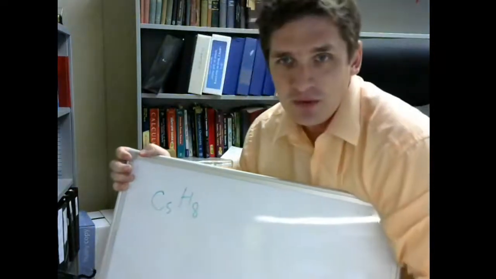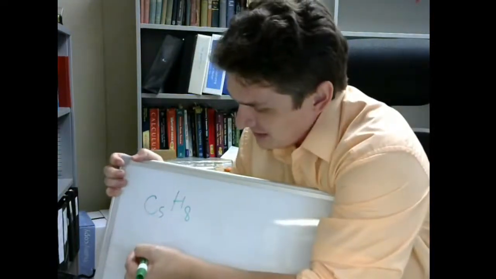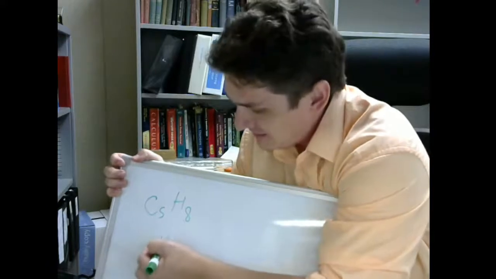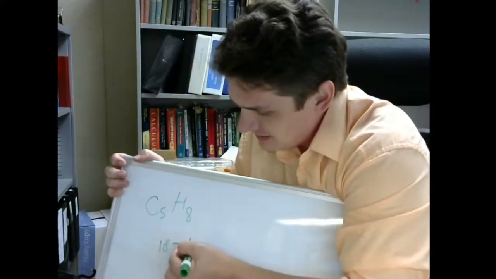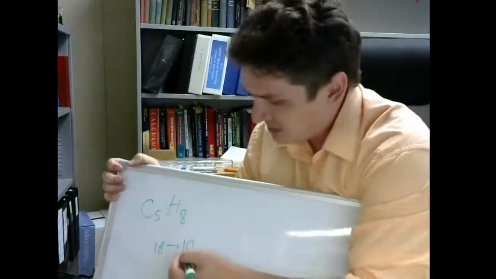For C5H8, the formula for a saturated alkane here would be 5 times 2, which would be 10, plus 2, so 12. Sorry, not 18. Can't multiply right now. So we're missing 4 hydrogens to be saturated, so we divide this by 2.